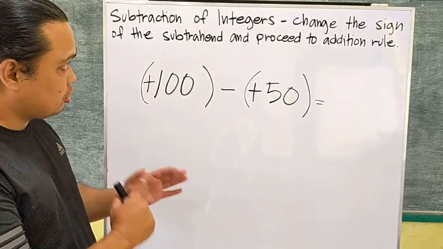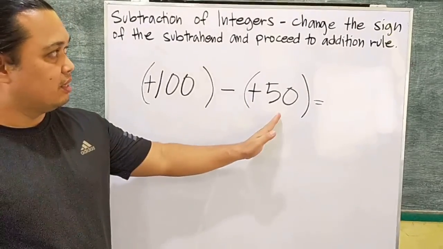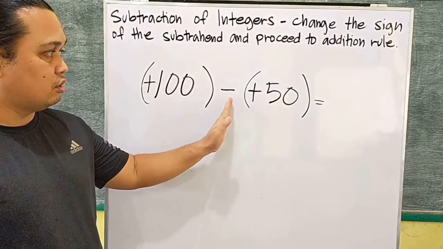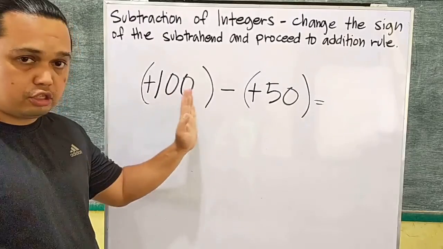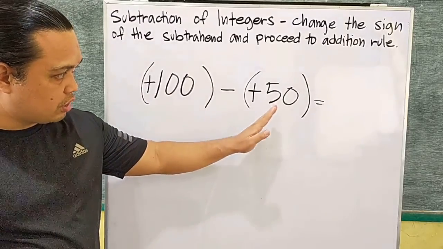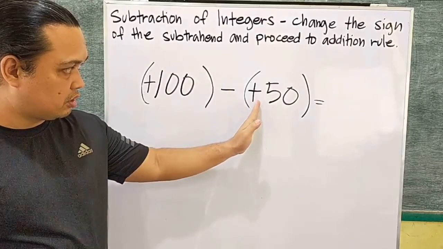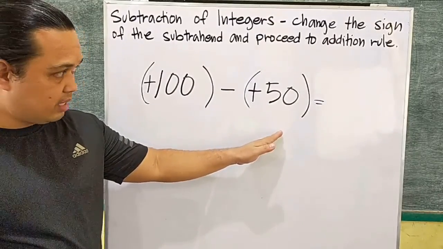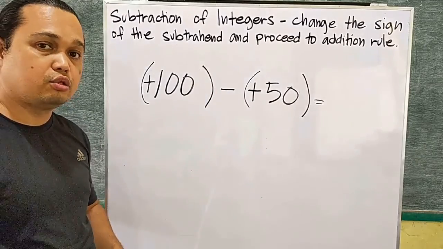To subtract integers, change the sign of the subtrahend and proceed to addition rule. Okay? So to subtract our integers here, we need to change the sign of our subtrahend here, which is positive, into negative, and proceed to addition using the addition rule.